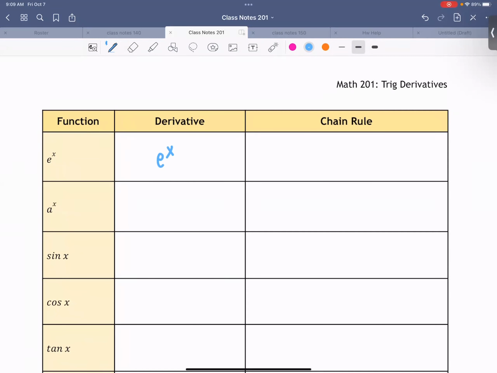And let's see what e to the x looks like as we apply the chain rule to it, but maybe not with a specific function, okay? So let's just say there wasn't an x in the exponent, like it's a different function. I threw a lot of them at you before, and I wanted to find the derivative of e to not x, but a function of x, like f of x.